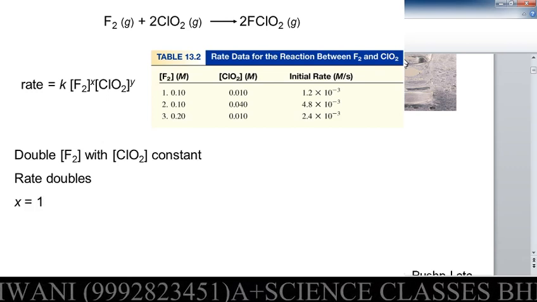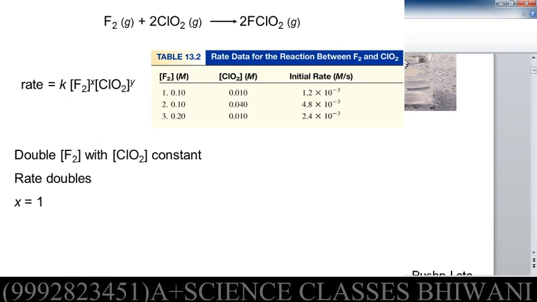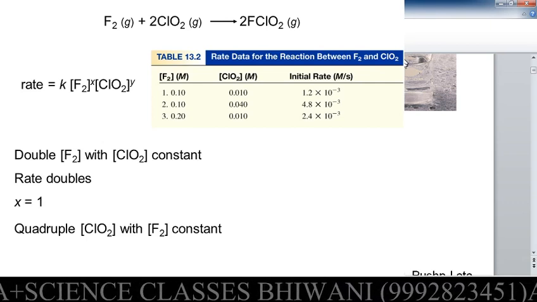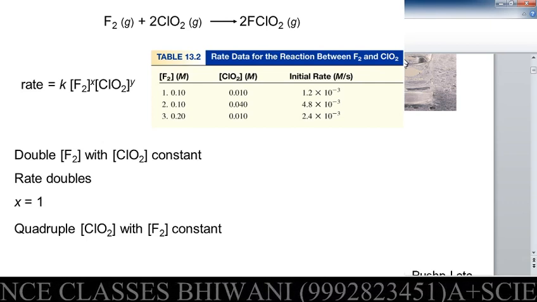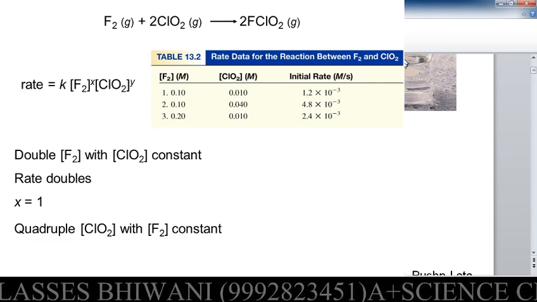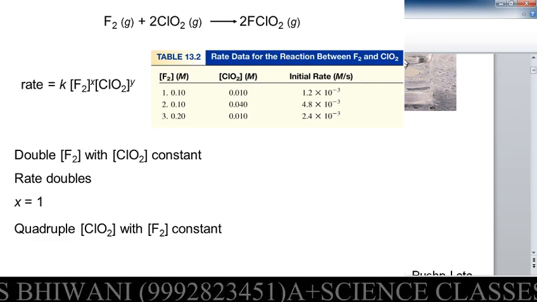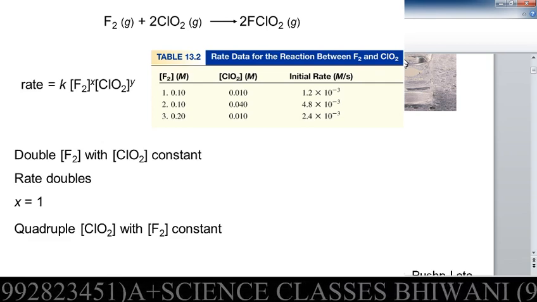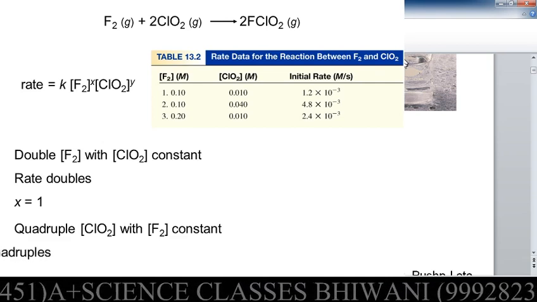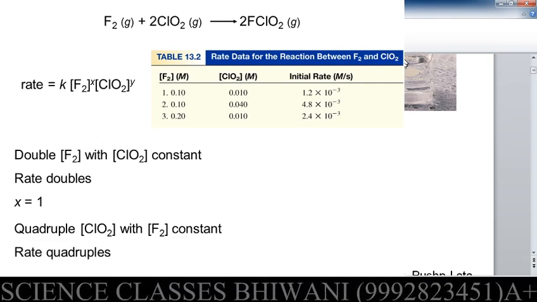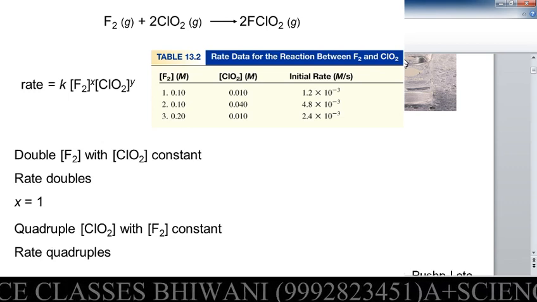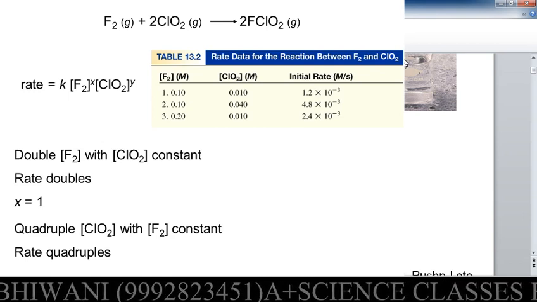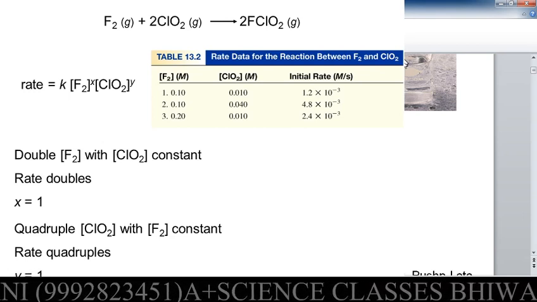That's why directly proportional means the power is 1 only. And what happened to the next one? If the concentration of fluorine is kept constant, quadrupling the concentration of chlorate quadruples the rate of reaction. Again, it's directly proportional. Is it clear or not? So what will be the value of y? y is also 1.